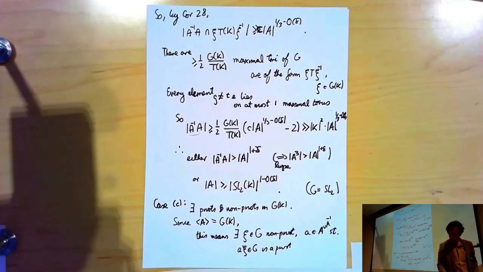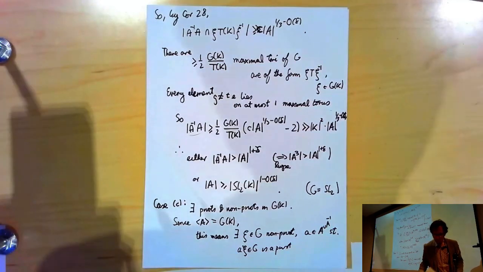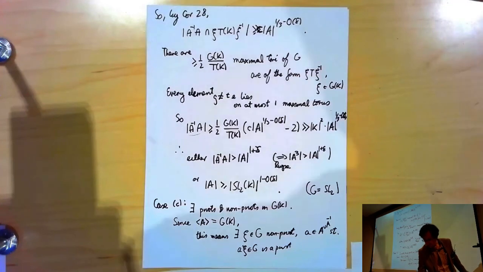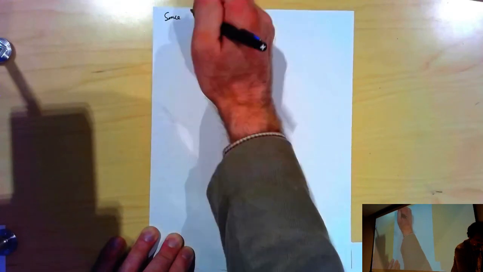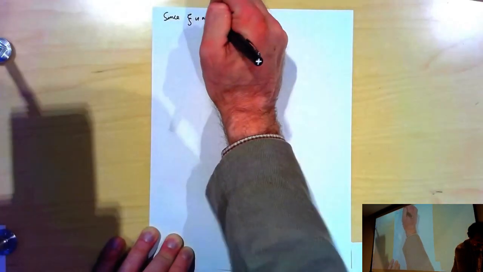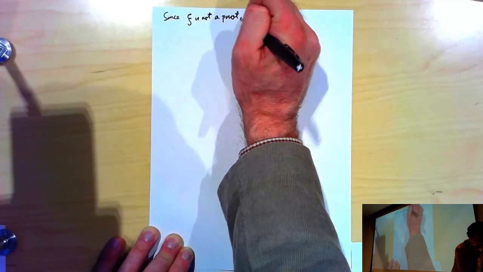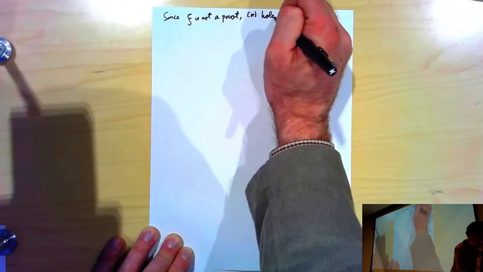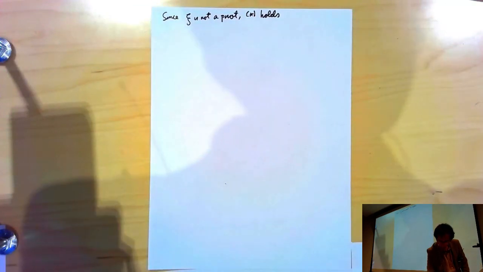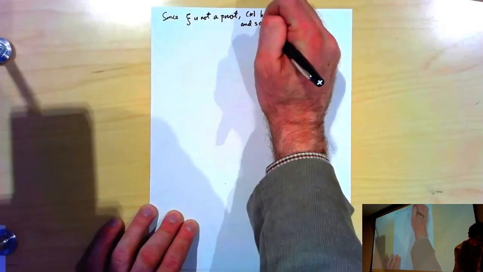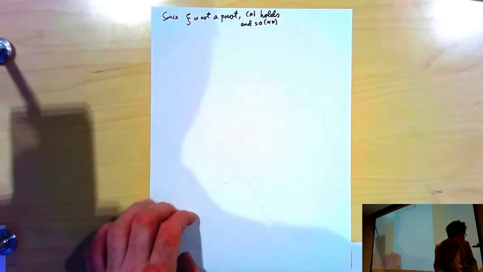Now, what do we do? Since ψ is not a pivot, we have precisely this property, right? So you have loads of elements. You have at least one element, and hence you have this thing here. So 2 stars also holds.